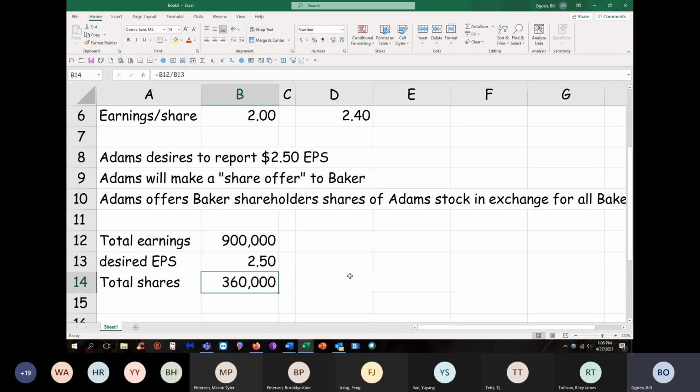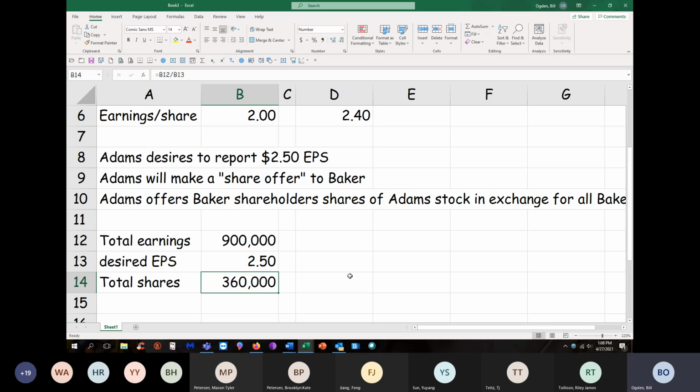On the other hand, if Adams appears to be in line to report 250, but they report 225, that would more than likely create a share price drop. And if that below consensus earnings report was anticipated, then this price drop would have occurred earlier.